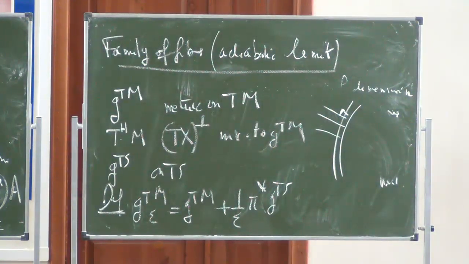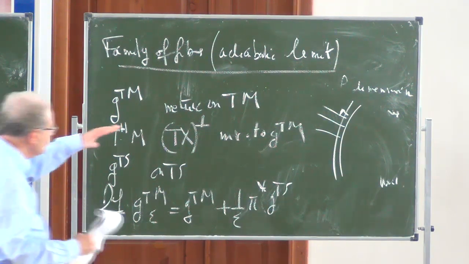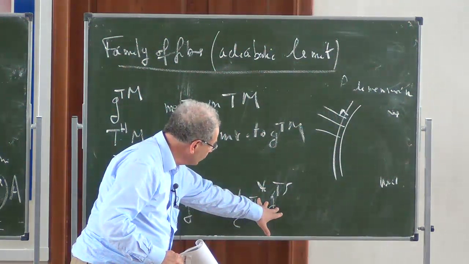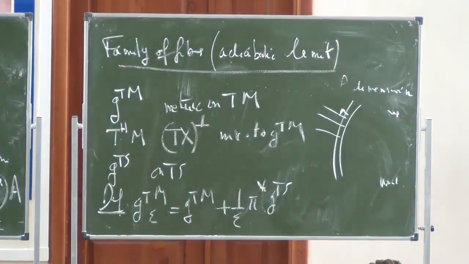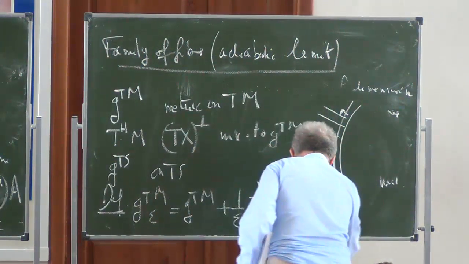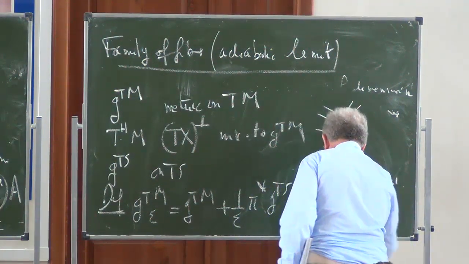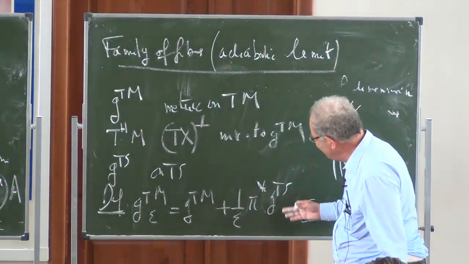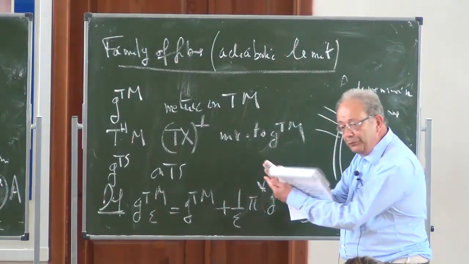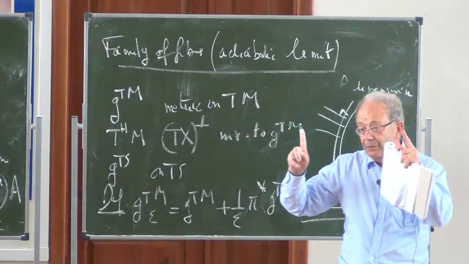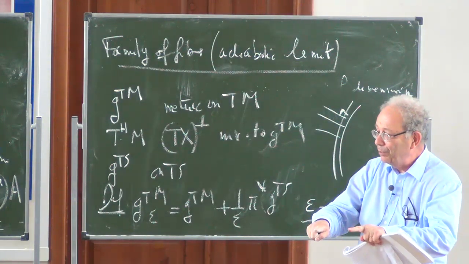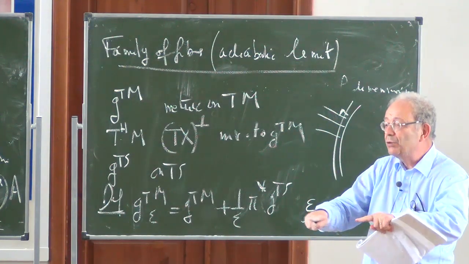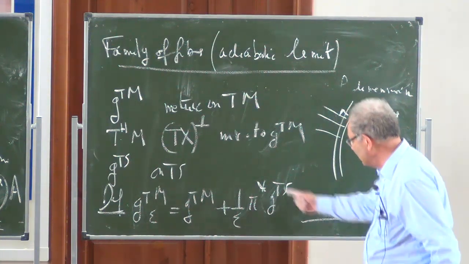If you have a metric on the base, it pulls back: if you take two vectors, you project them down and take the scalar product with respect to TS, and take the sum here. Now, what is the effect of making epsilon tend to 0? It makes the fibers further and further apart. In other words, if you have two vectors which are not vertical, their scalar product, if you take the norm, gets extremely large because of this.